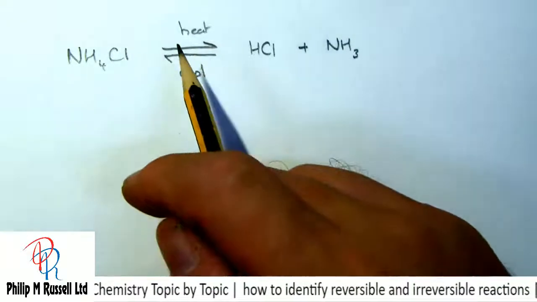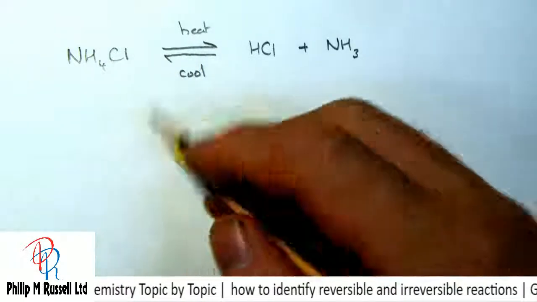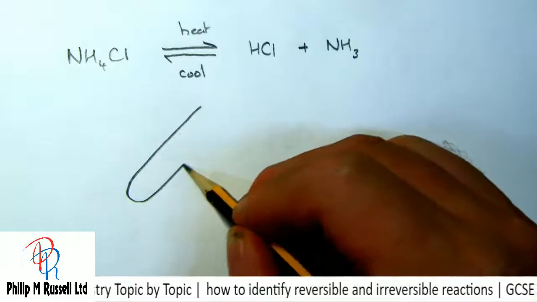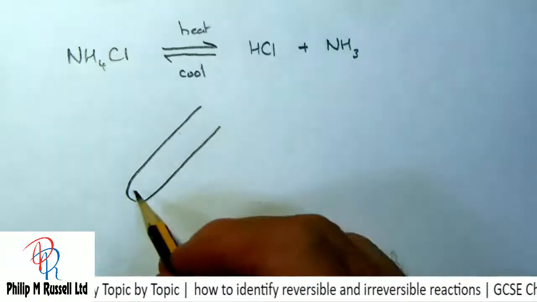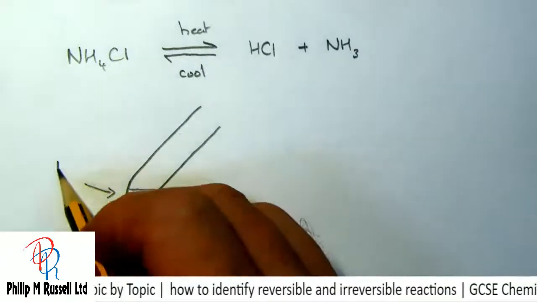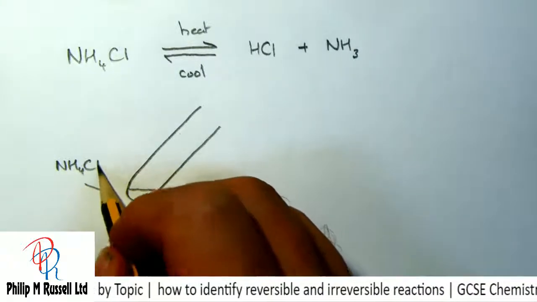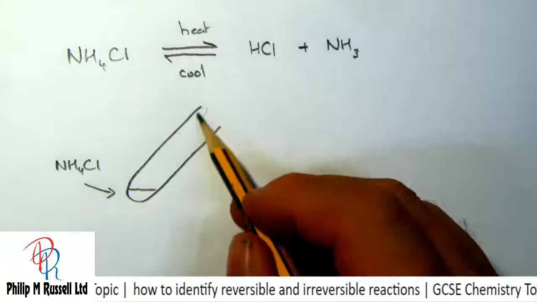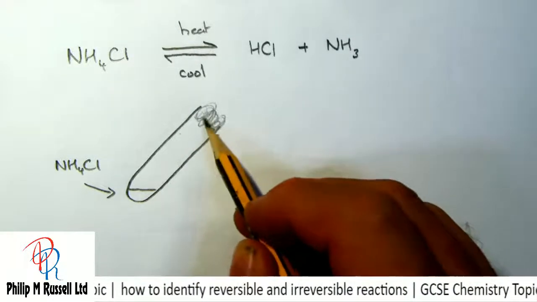Ammonium chloride is a white substance, and what I'm going to do with this is put a small amount at the bottom of the boiling tube. I'm going to put some mineral wool up here.